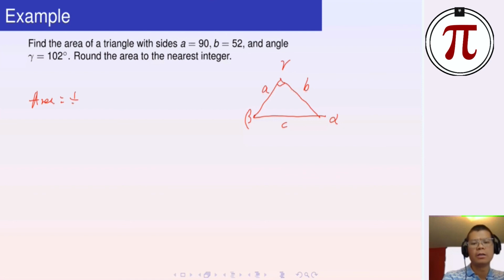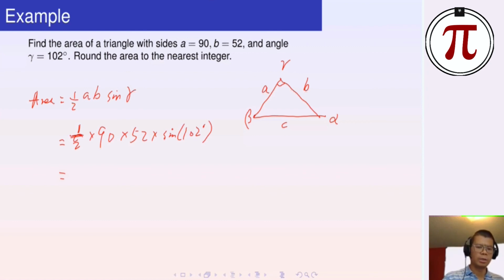So the area is what? 1/2 ab sine of gamma equals 1/2 times 90 times 52 times the sine of 102 degrees. So equals what? 45 times 52 times sine of 102 degrees.